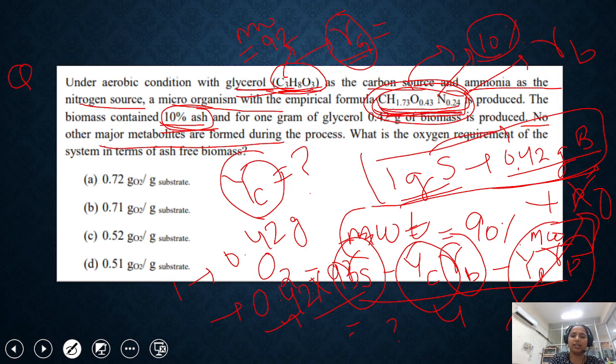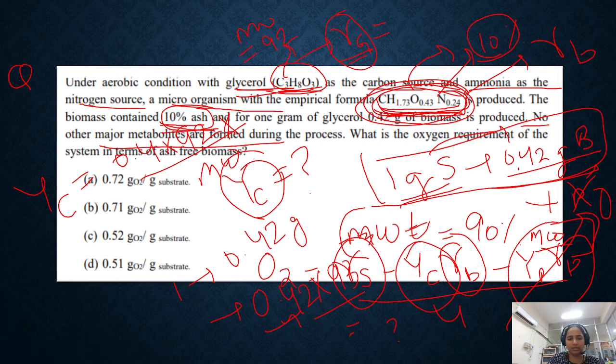And for finding this YC, the molecular weight of this, 0.42 into 92, divided by the molecular weight of this biomass. So how much is the molecular weight? Okay, let me add one more slide.